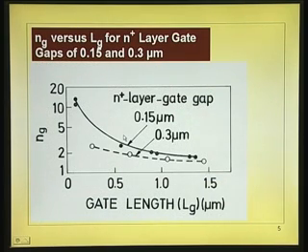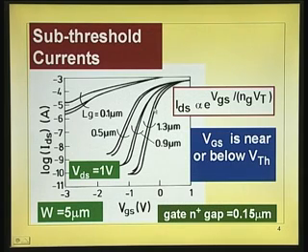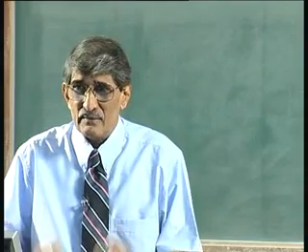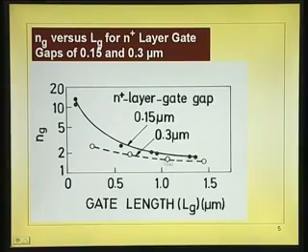In fact, this is what the N g that is plotted here is. People have taken the slope of these exponential lines. How much is N g? You can see when it is 1.2 microns L g and the gap is 0.3 microns, you have the short channel effect coming up, and that factor is about 2.